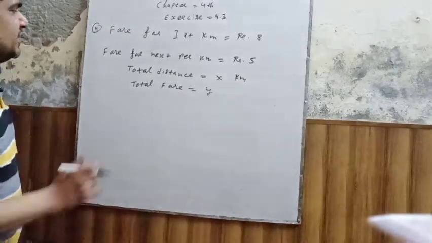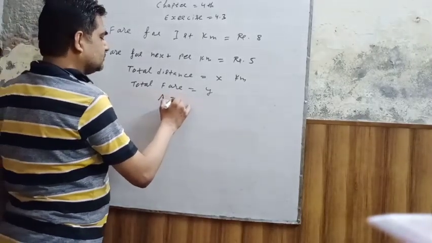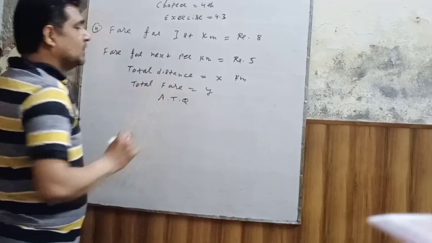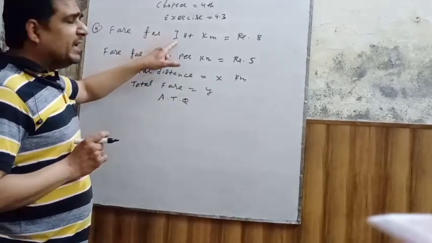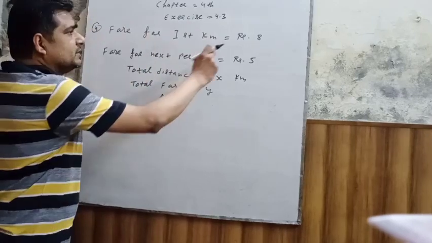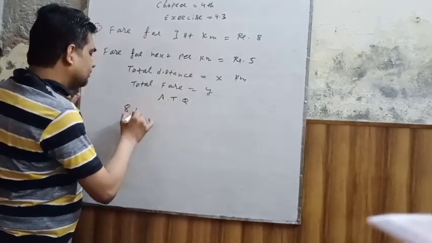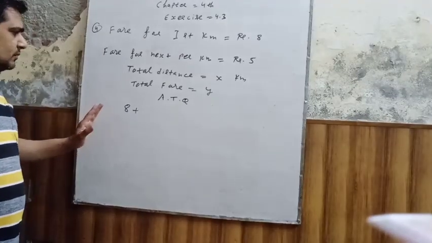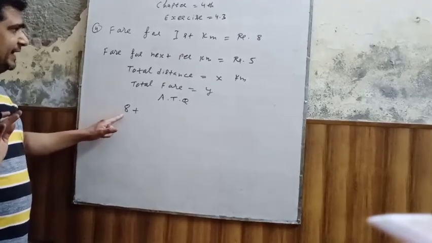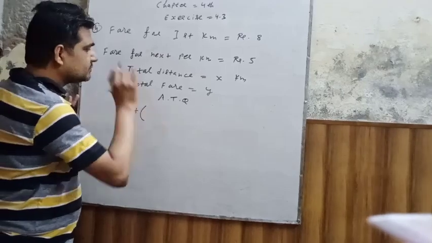Now according to the question, total distance is x. 1 kilometer they covered, it means 8 for the first kilometer.